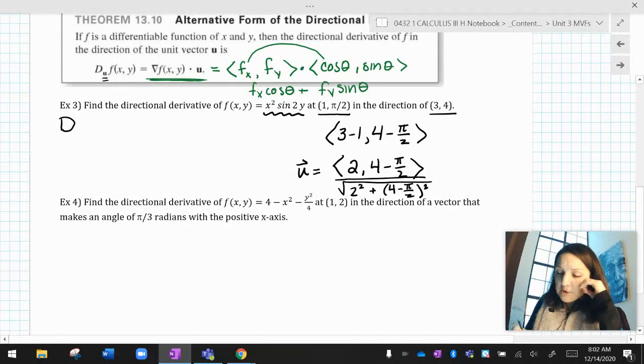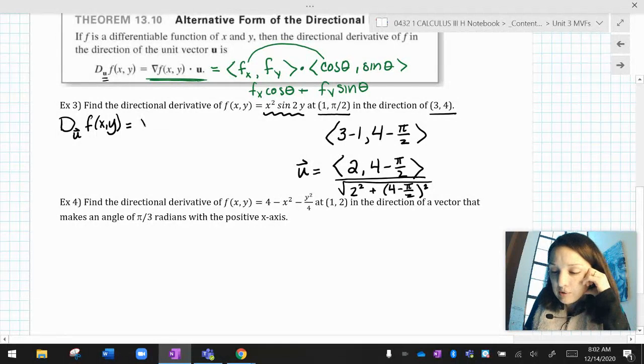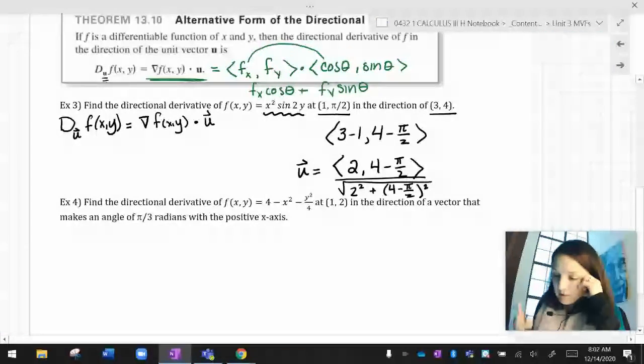Fine. So my directional derivative in the direction of that vector, standing on the surface f of x y, is going to be the gradient of f of x y dotted with that unit vector.